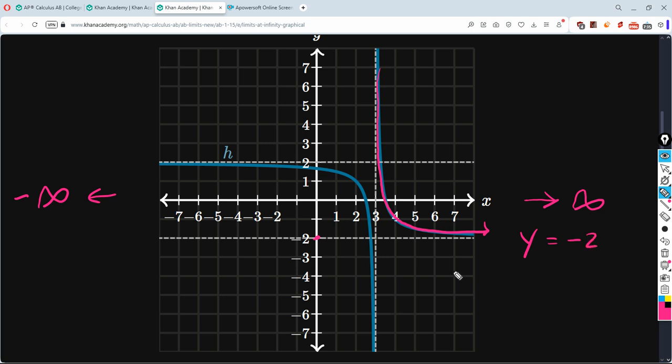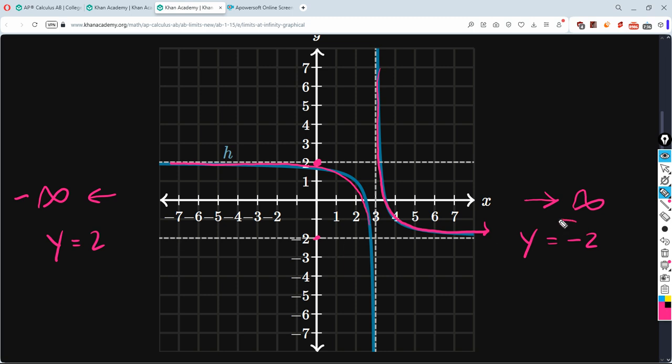All right, and if we follow the graph toward negative infinity to the left, we're headed in this direction, and it continues to negative infinity, and the asymptote is right here. That's at y equals +2.